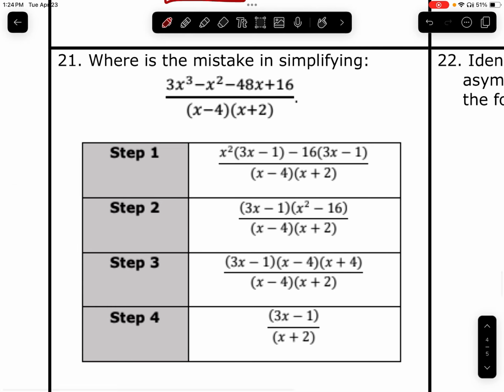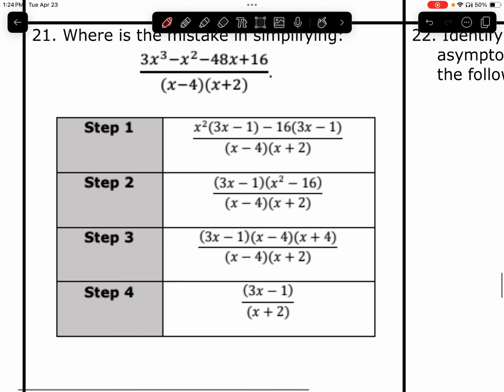21, where is the mistake? So, in simplifying this expression. All right, step 1, looks like we are factoring by grouping. Okay, actually I'll put this here, make that a negative. So first step, they factored out an x squared from this first set of parentheses.